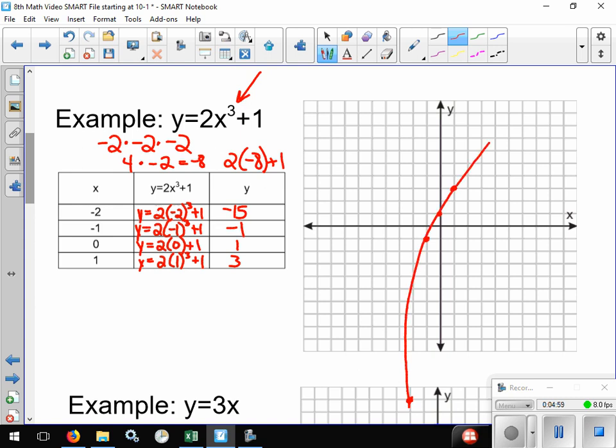Obviously, not linear. It's very bowed, actually. So we have a nonlinear graph. Why? Because the graph is not straight.